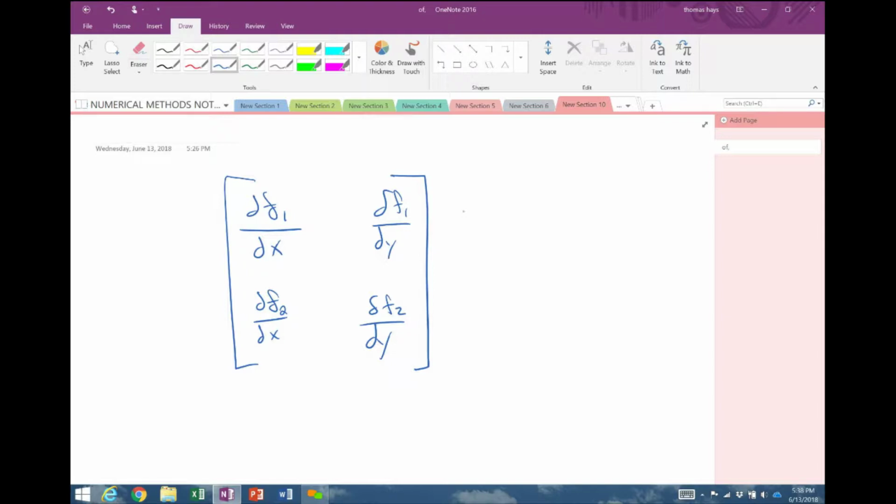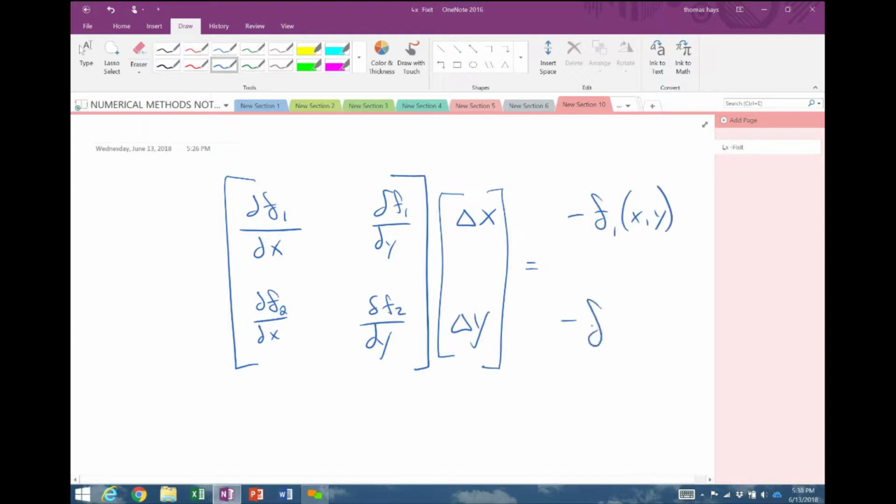The solution vector we're looking for is delta x, delta y. Those are the unknowns. I should say the right-hand side vector is now negative f1, our guess at x and y, negative f2 at x and y.